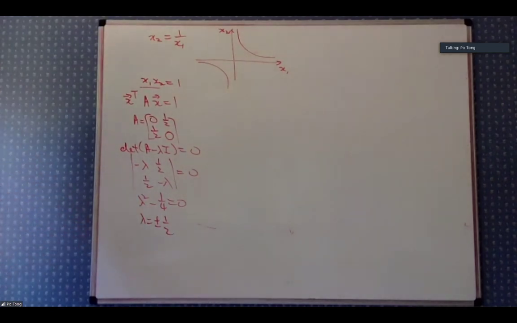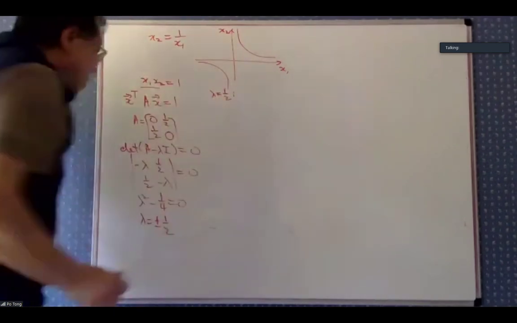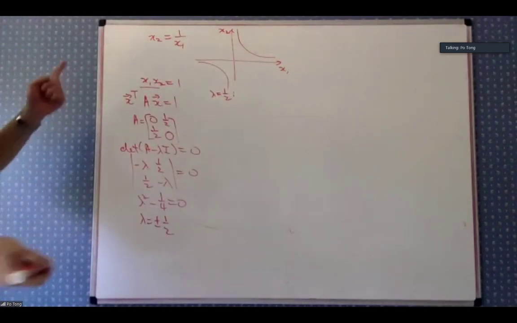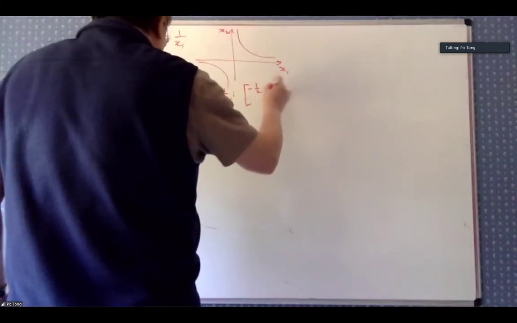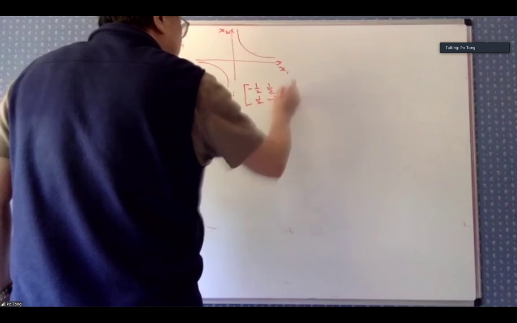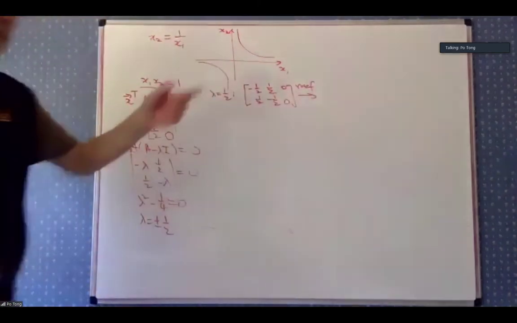Then I try to get the eigenvectors. Lambda equal to 1/2. I will end up with negative 1/2, 1/2, 1/2, negative 1/2, and 0, 0. RREF. You guys know what I did?